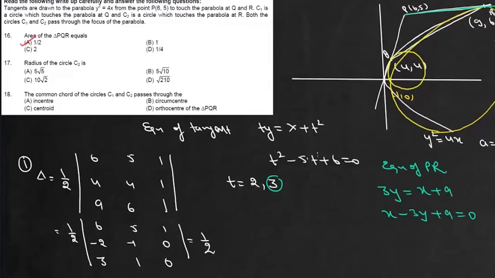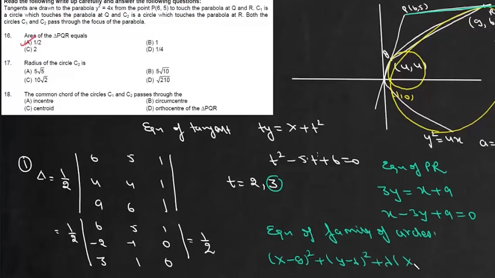Now we can find the equation of the family of circles touching this line at this point 9, 6. So the equation of the family of circles will be given by (x minus 9) square plus (y minus 6) square plus lambda times (x minus 3y plus 9) equals 0.